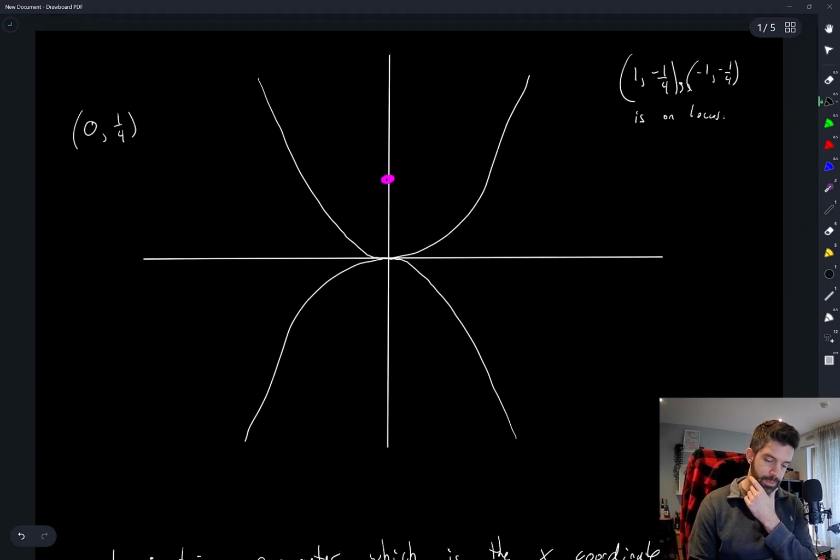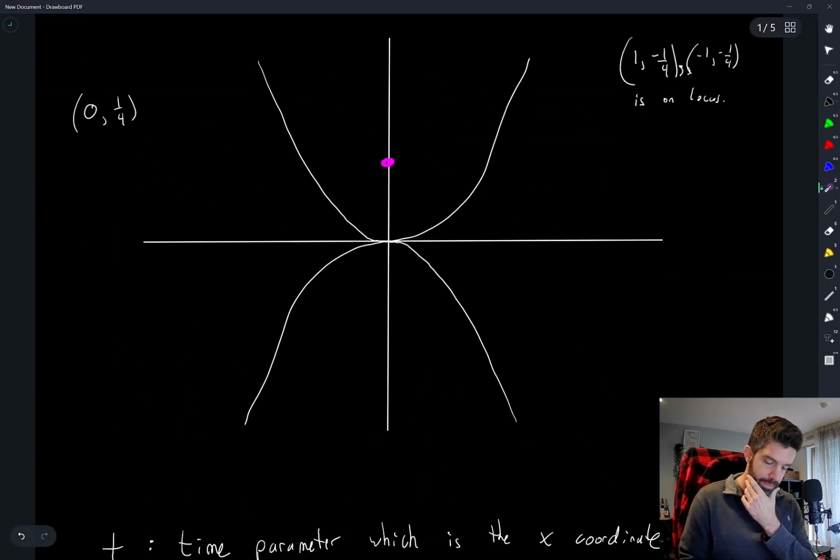Because now what I can do, if I take an arbitrary value of t, like this, and I compute the location of the focus relative to this point, it has moved here.